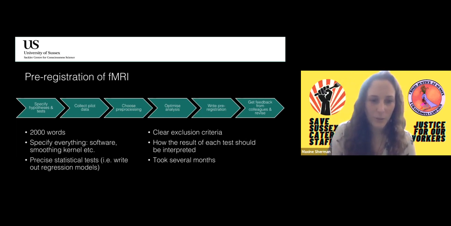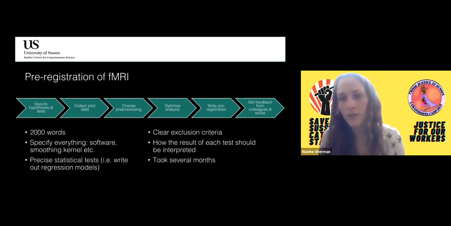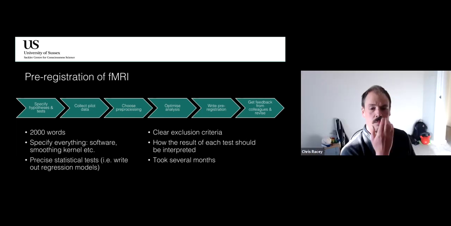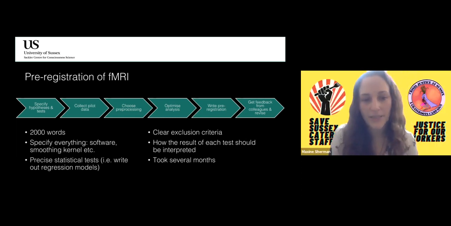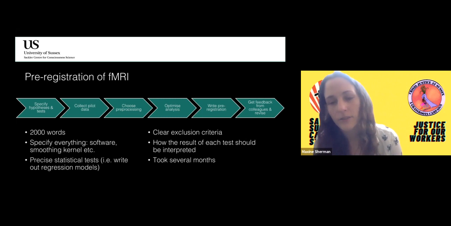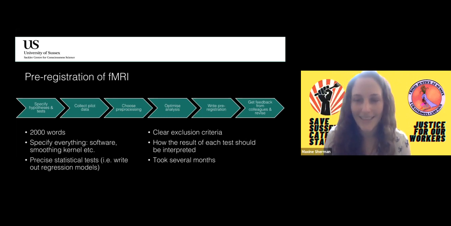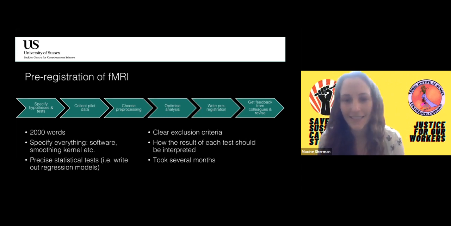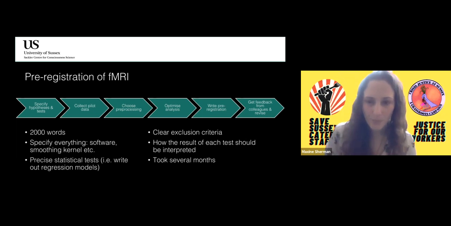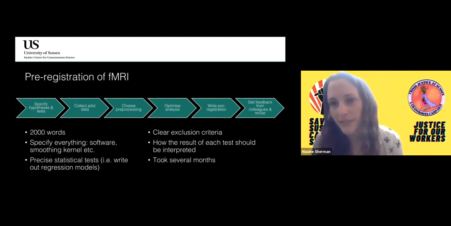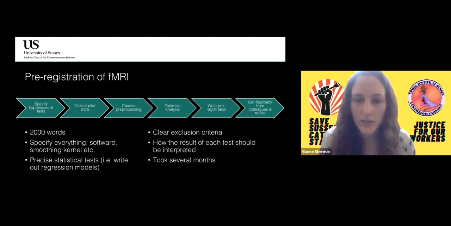It was like 2,000 words or so, specifying absolutely everything. SPM 12, smoothing kernel of, I can't remember what we used, 6. I can't remember exactly the precise statistical tests that we were going to use, what the regression models would look like, exactly how you do the p-values. It's quite long. You can then obviously just copy and paste most of it into a method section, as long as it hasn't changed.